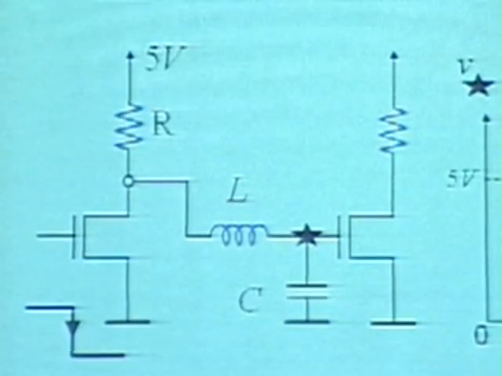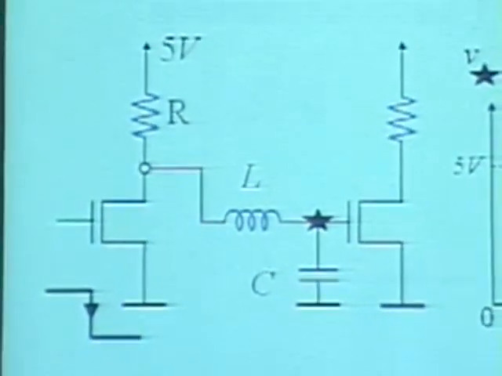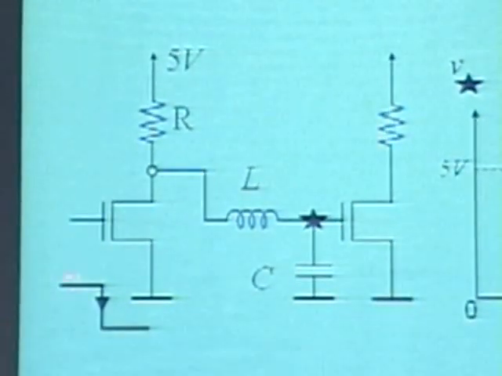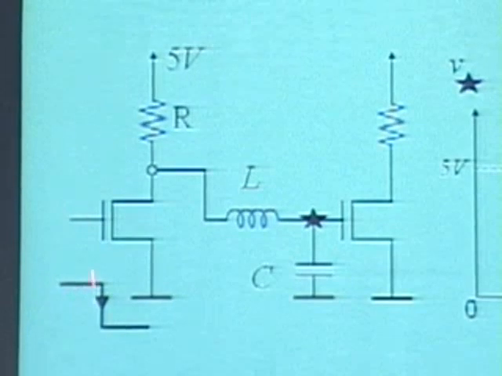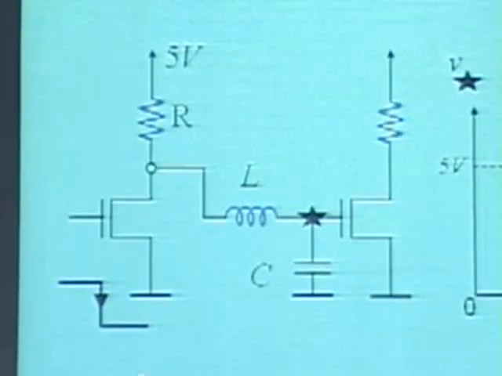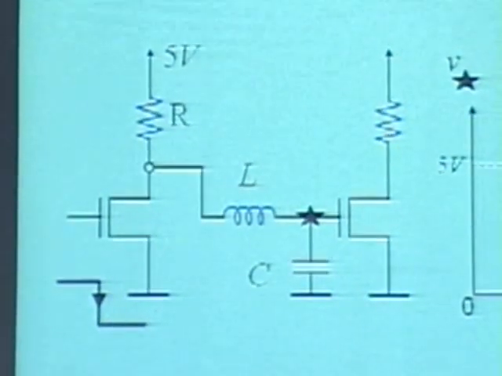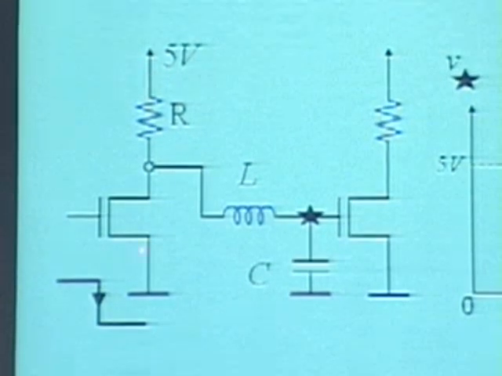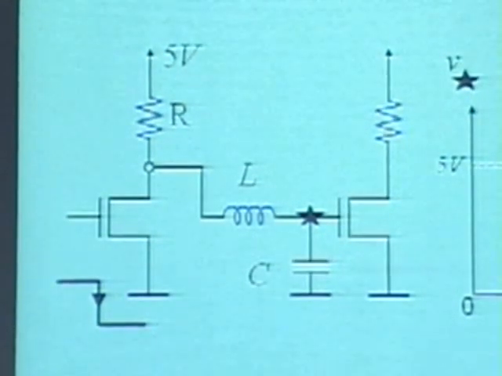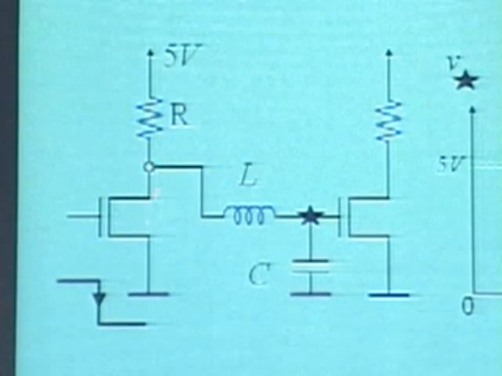an RLC pattern. And what we did was we said, let's drive this with a 1 to 0 transition at the input. And the 1 to 0 transition at the input would cause this transistor to switch off. And this node would then go from a very low value to a high value.